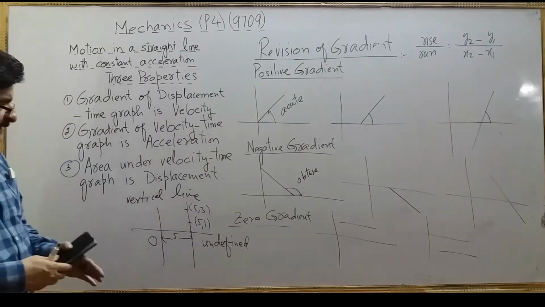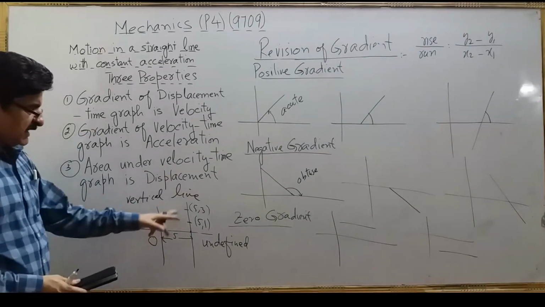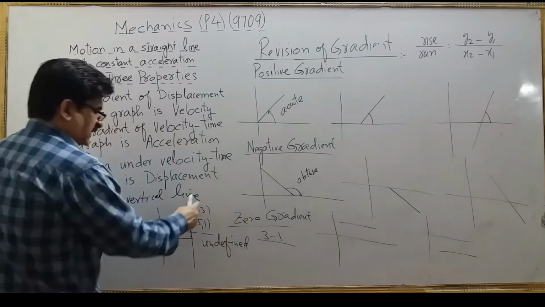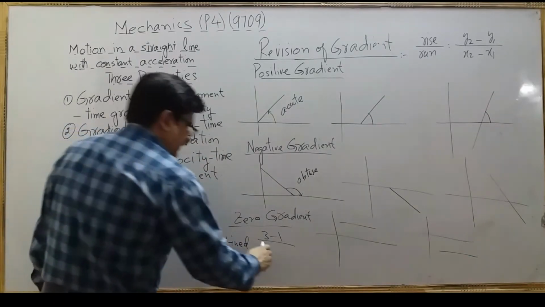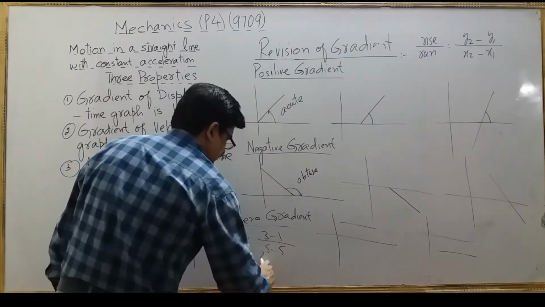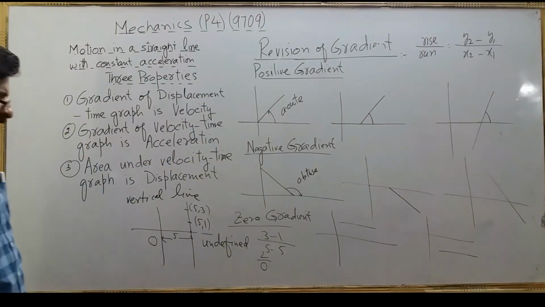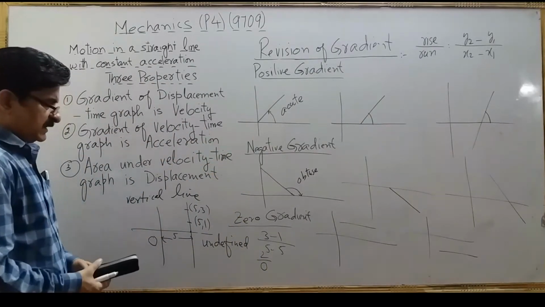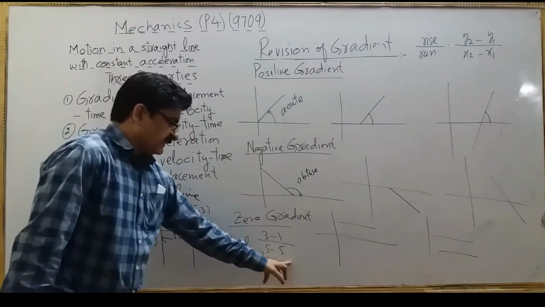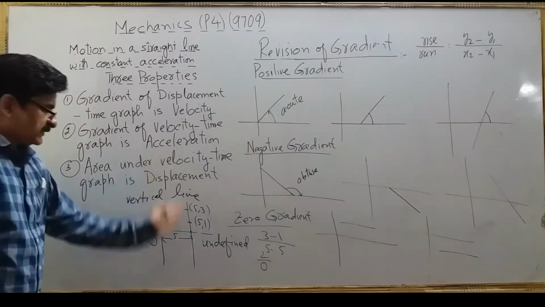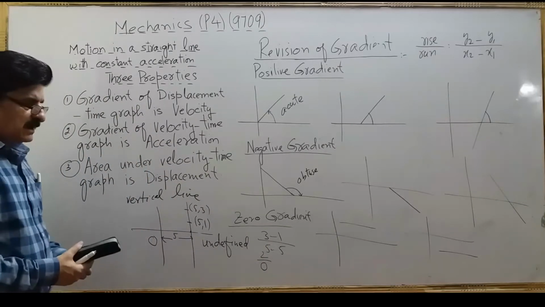But the y coordinate is changing. So if you find the gradient of this line, you will get (y2 minus y1) over (x2 minus x1), which is 2 over 0. So the gradient is undefined, meaning it is not a single defined value, we cannot write it as a number. So for a vertical line the gradient is undefined.